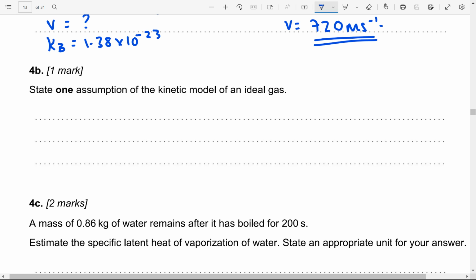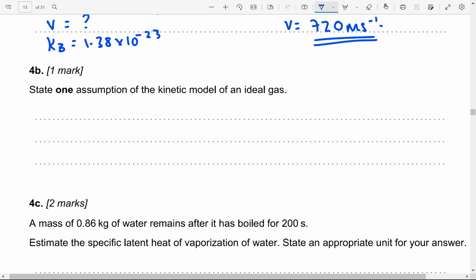You could have said the volume of a particle is negligible compared to the volume of its gas. You could have said the collisions between particles are elastic. The time between particle collisions is far greater than the time of a collision. Or you could have said there's no intermolecular potential energy between particles.